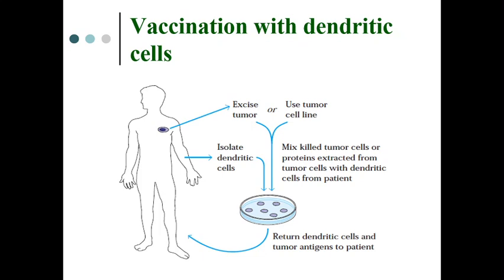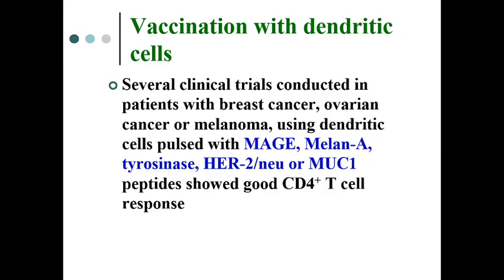In this ex vivo approach, there is no genetic modification of the cell. The dendritic cells are not genetically modified, but they are grown outside and specifically stimulated with the antigens that are predominantly expressed by the tumor cells, as listed here in blue font: MAGE, melan-A, tyrosinase, or HER2, or mucin 1. And these antigens are potent antigens.